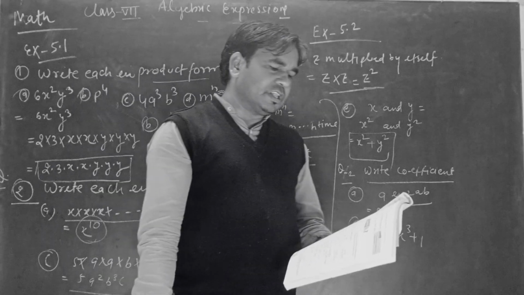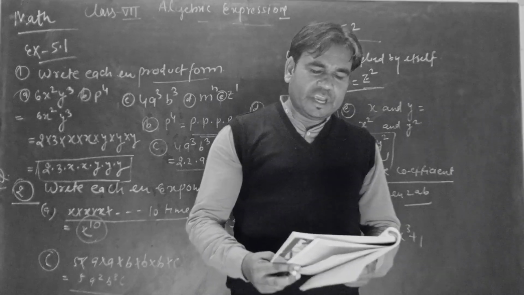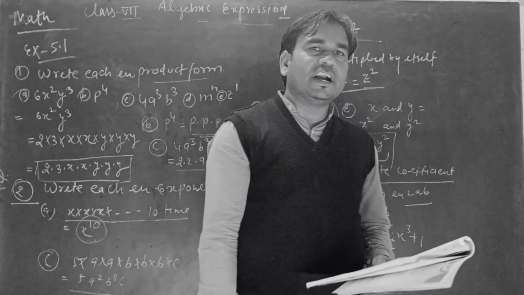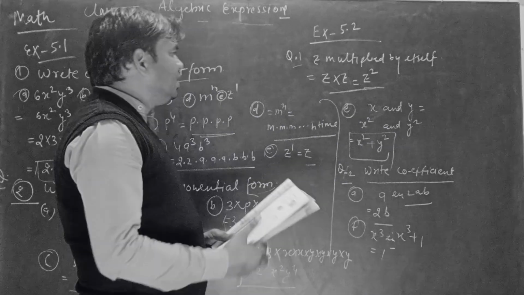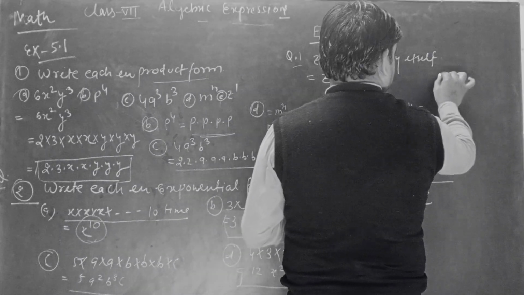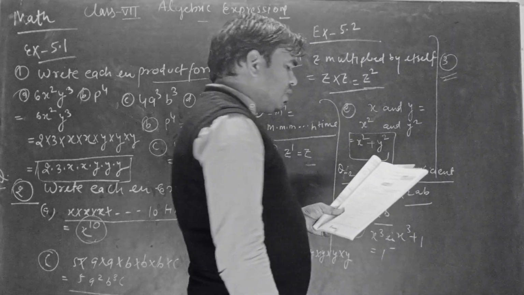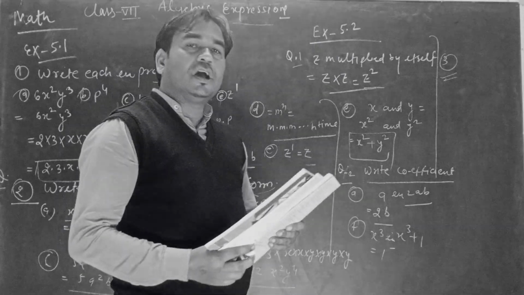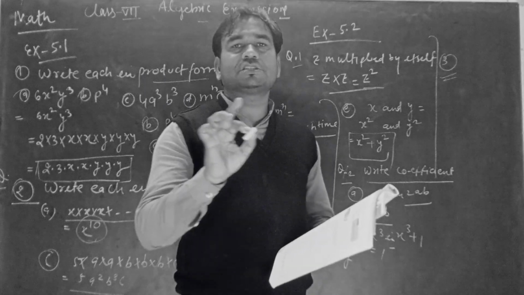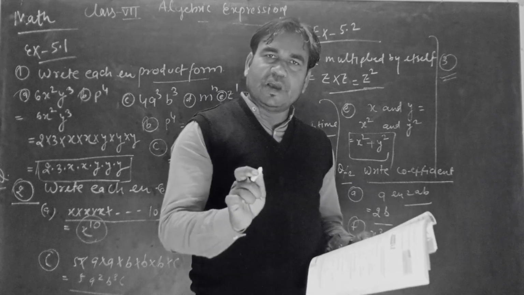And this is question number 3. Identify the following expression as a monomial, binomial and trinomial. So students, let me see. A monomial, you know, consists of only one part, one variable.